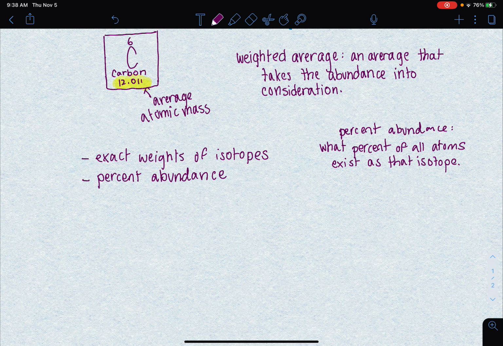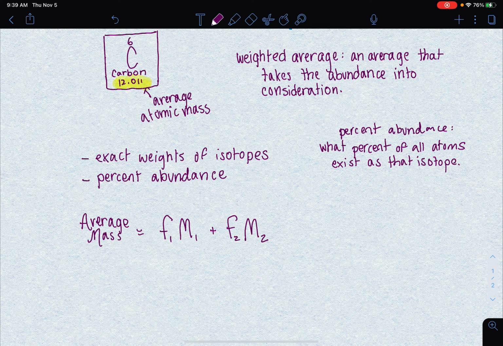So I'm going to go ahead and write down the formula for calculating the average atomic mass, and then I'll explain it after I've written it down. So average mass is equal to F1 M1 plus F2 M2 plus F3 M3 for however many isotopes you have.